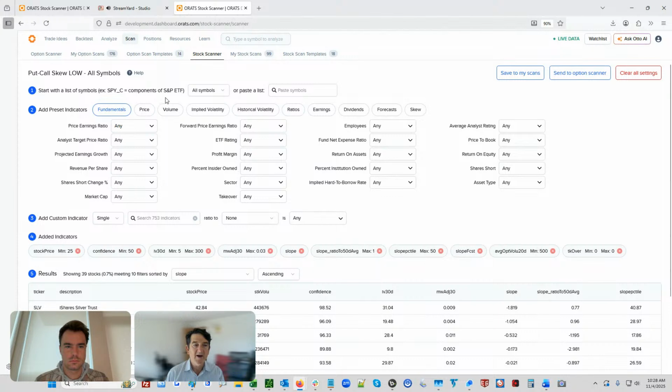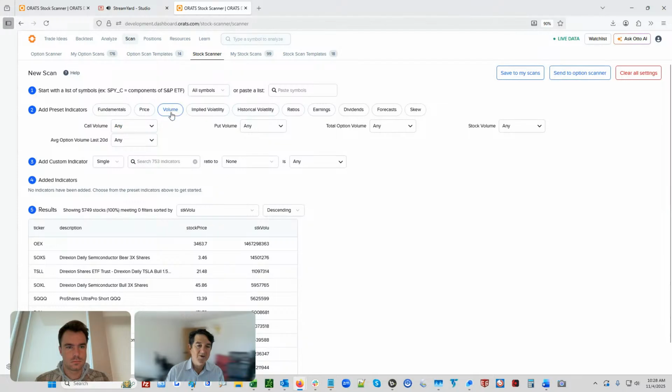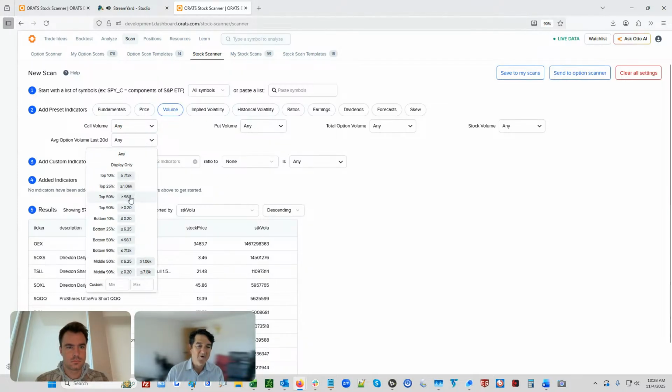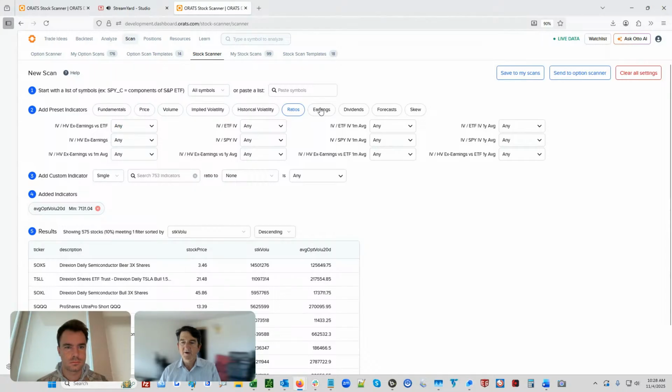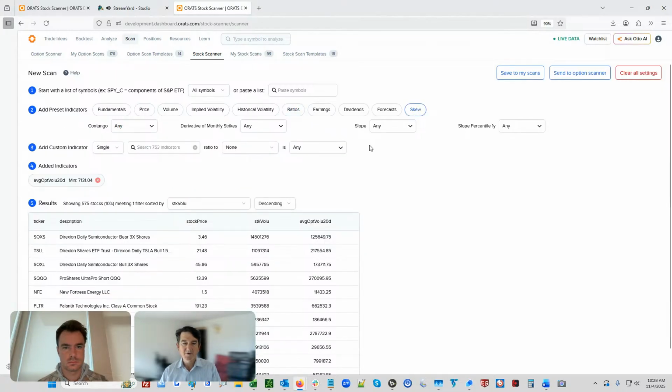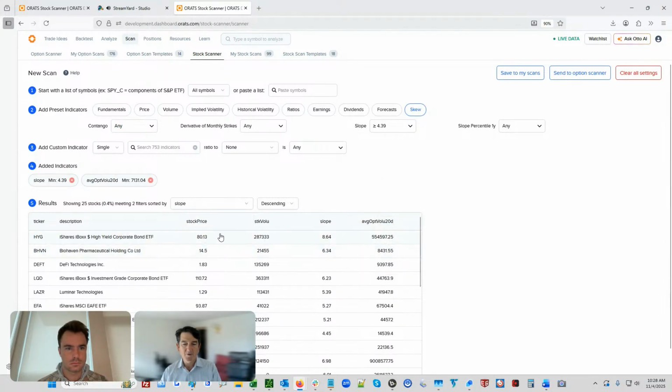If we were looking for a high slope, I'd clear these settings. I always like to put in volume, so let's say volume over 7,000. Then I'm not sure if it's in the ratios or not. Skew. Here's skew, slope that is high, and we'll sort it by the slope.